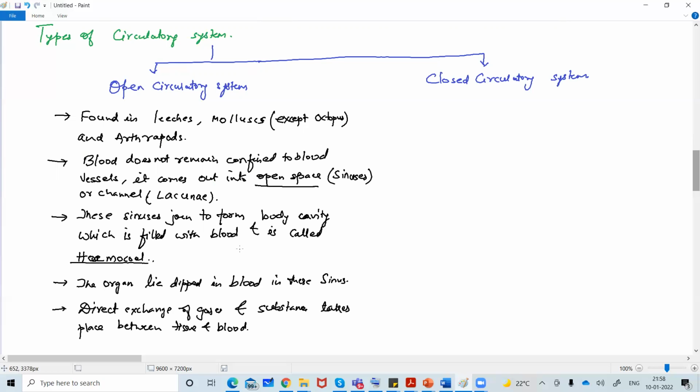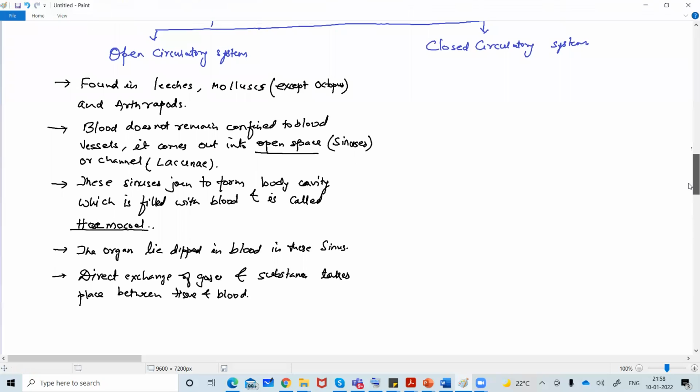So due to absence of smooth muscles, the blood is flowing at low speed. That's the first reason. Second reason, suppose blood is flowing at high speed, then in the open space blood can come out from the body, right? But the purpose of open cavity is not that. The purpose is gas exchange or nutrient exchange. So blood flows with low pressure so that the fundamental idea, that is exchange of substances, is achieved.